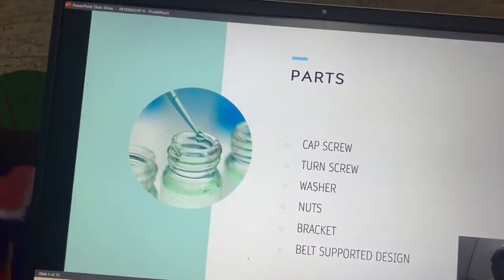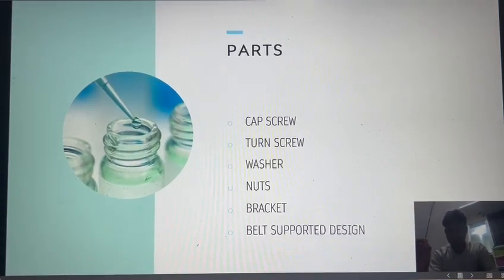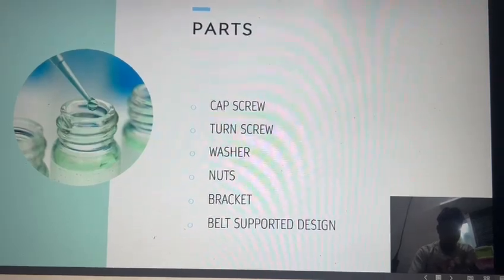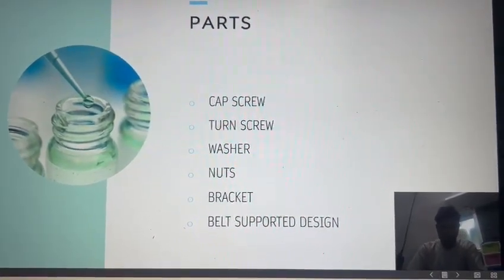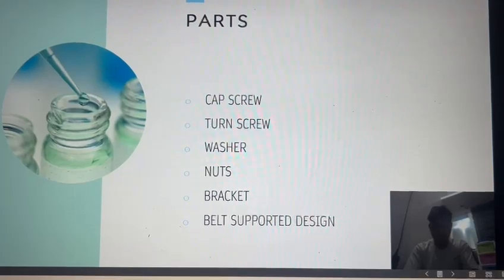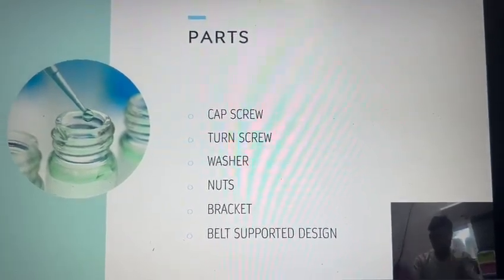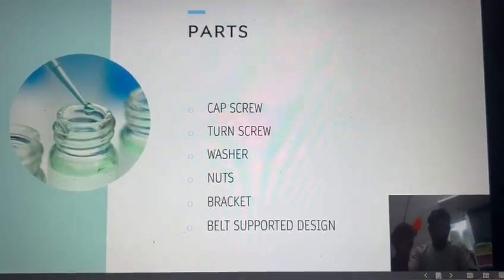See, it is a tiny small part. You can't see it, but it is visible here. Two nuts are used in this part. And this is the washer, these are both cap screws, this is the turn screw, the belt support design, and this is the bracket.